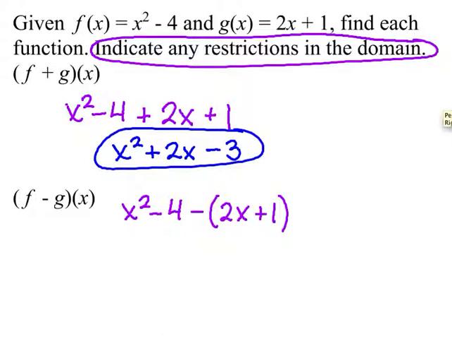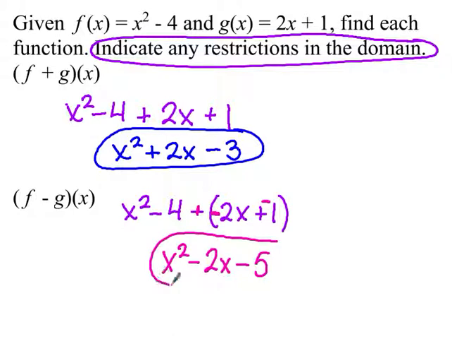So to distribute that negative sign, I'm going to make that a negative 2x and a negative 1. So what is your answer going to be then? x squared minus 2x minus 5. And yes, you do need to put it in descending order. I want the highest power, the next highest power, and then the constant. So far, what do you think?